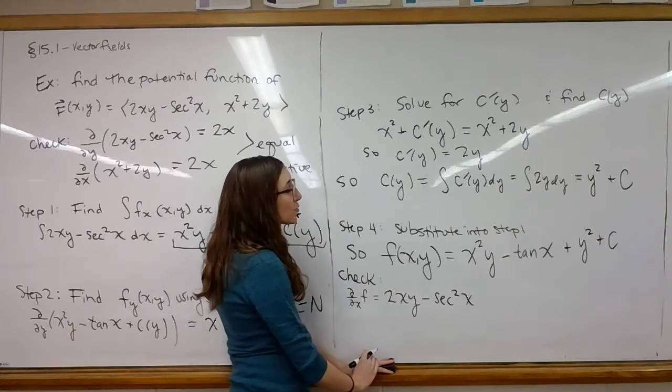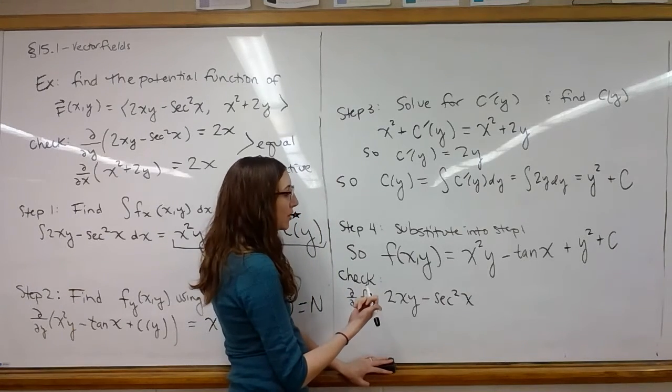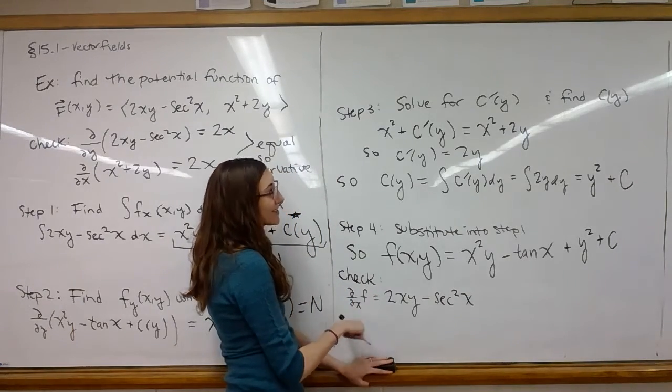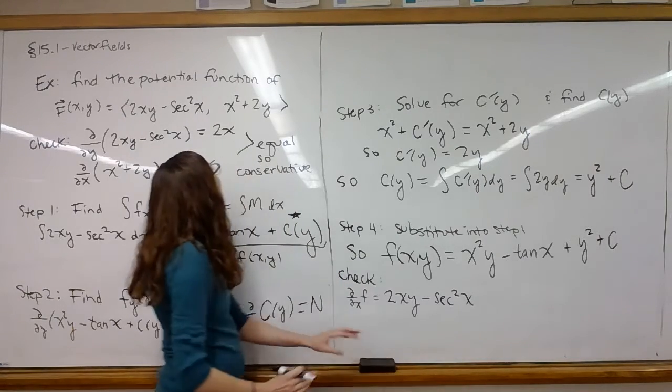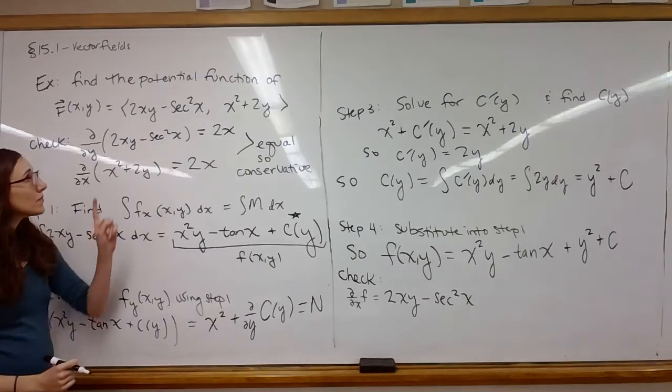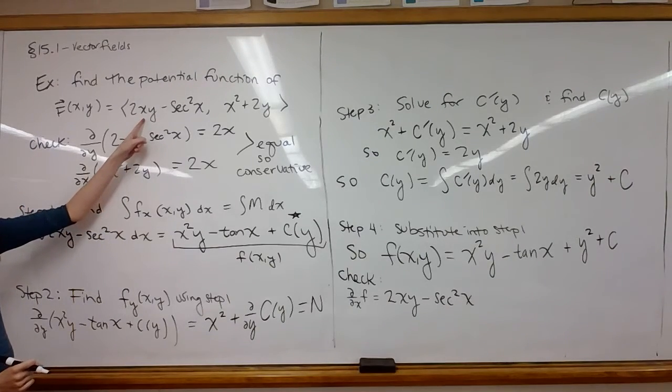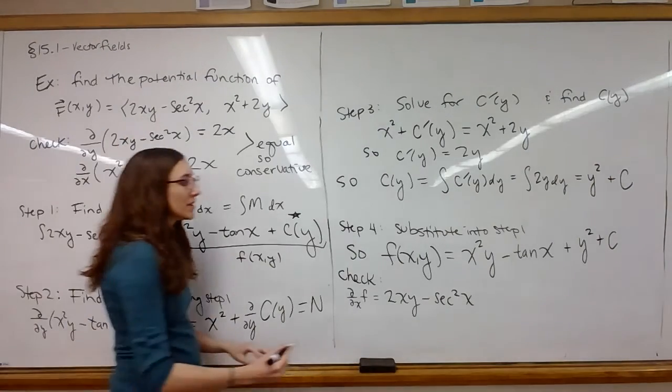And then plus y squared is 0 when we take the derivative with respect to x, and the scalar constant c is 0 with respect to x. And we can double check, is this equal to my M component? Yes, it is. So this equals M, which is good.